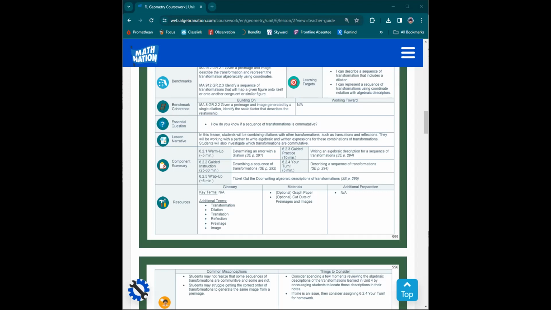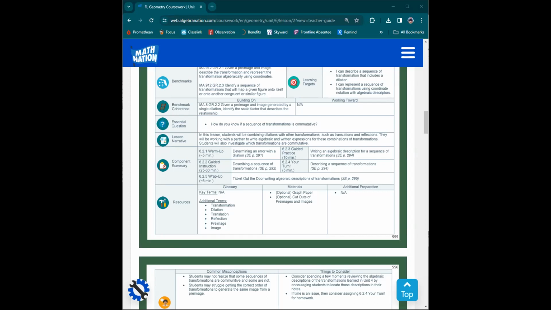Then look, our second one is this one, right? Our third one is this one, and then our fourth one is this one. So we have 3 transformations, and we're going to try to figure out what each transformation is, and then an algebraic description for it, and if it's a dilation, the scale factor for it.